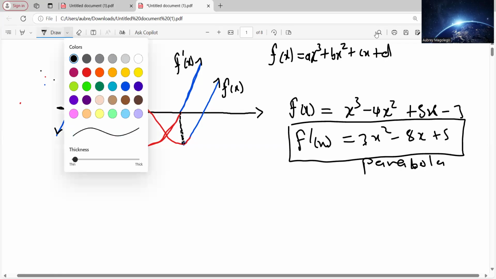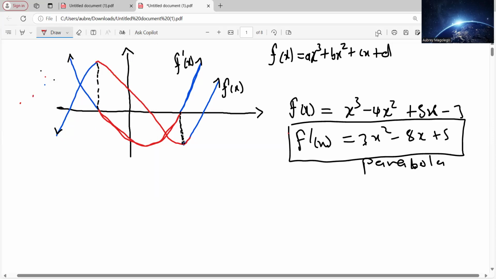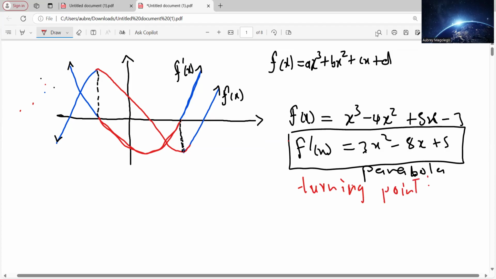The moment we need the turning point of a cubic function, we derive the function, and after deriving the function, we say at the turning point, or for stationary points, we know that f prime of x must be equivalent to 0.